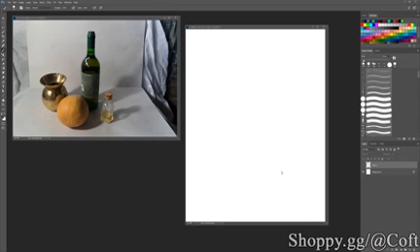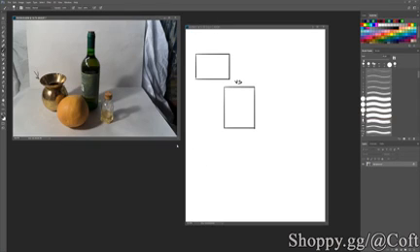The first thing I need to consider with my still life, since I'm not tracing it, is how I want to frame the object onto my drawing. I need to consider whether I'm going to use a vertical or a horizontal format. For this one, the way the objects are arranged, the bottle is the longest and tallest object, versus the width from the edge of this golden vase all the way to the bottle and the glass.